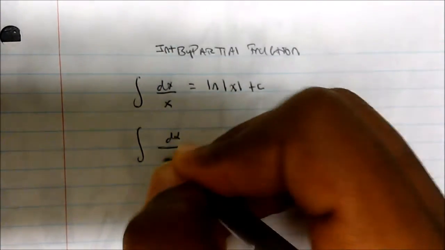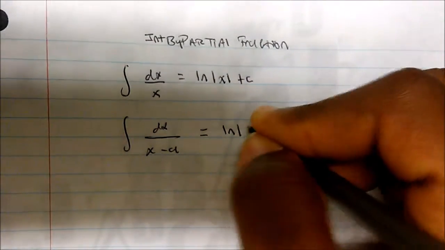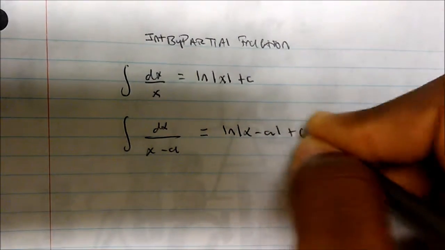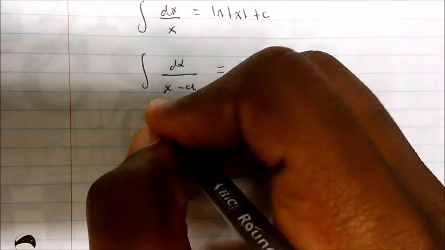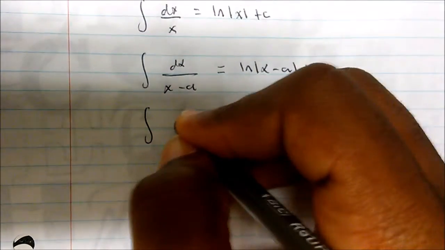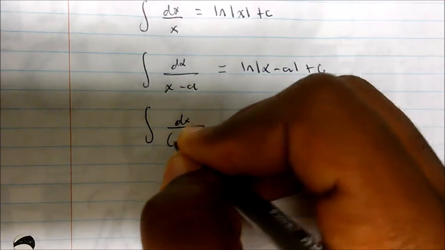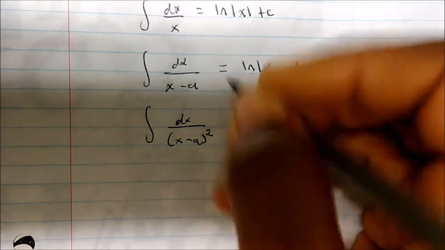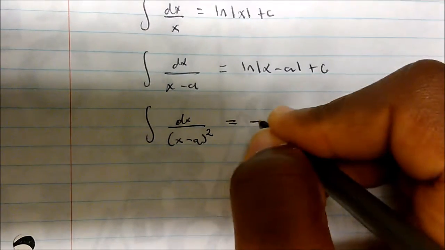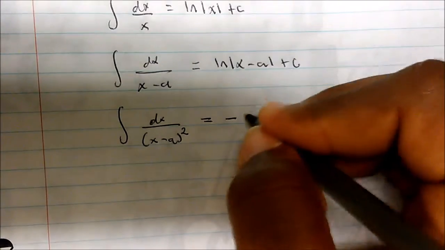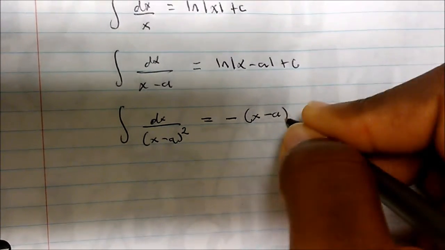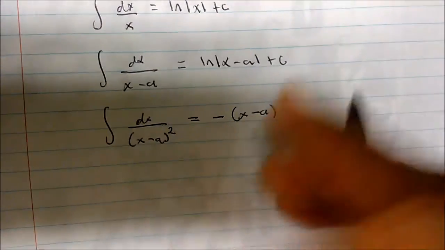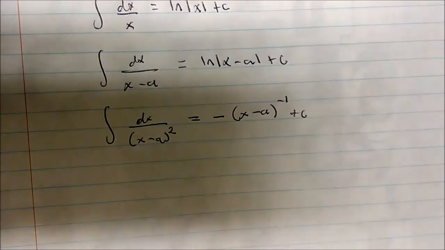The integral of dx over x minus a is equal to the natural log of the absolute value of x minus a plus c. And the integral of dx over x minus a squared is just negative x minus a raised to the negative 1 plus c.